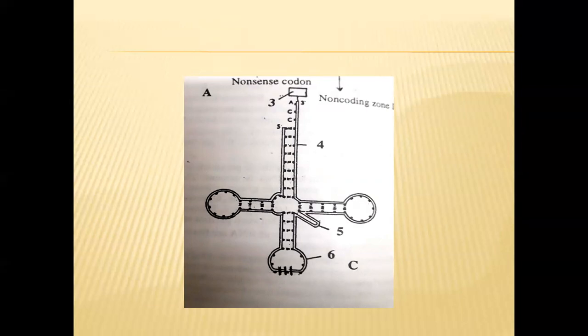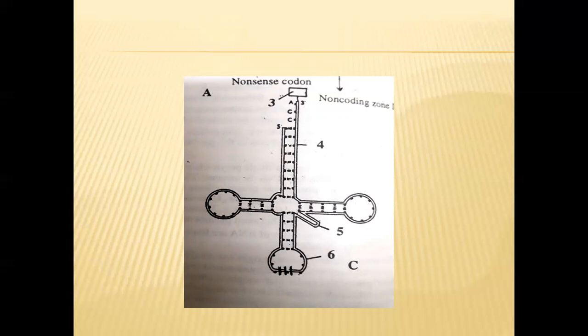So in the tail portion, at the top, there are 3 nucleotides. What are the nucleotides present at the top? That is at the tail, CCA. Those are unpaired, only single present, CCA.